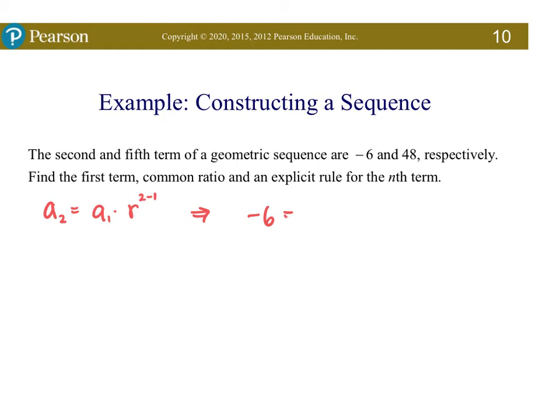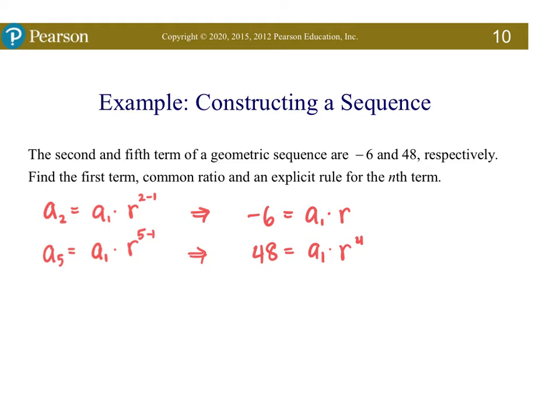So -6 equals a sub 1 times r to the first. And what if we also know that the fifth term, a sub 5, would also be a sub 1 times r to the 5 minus 1. So that would be 48 equals a sub 1 times r to the fourth.